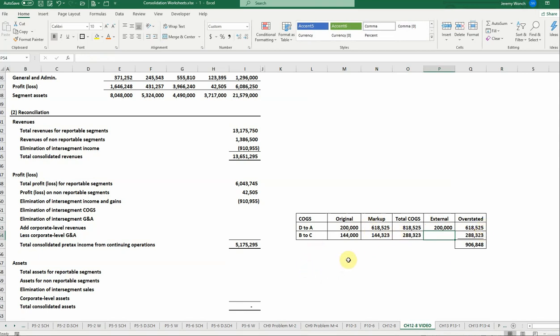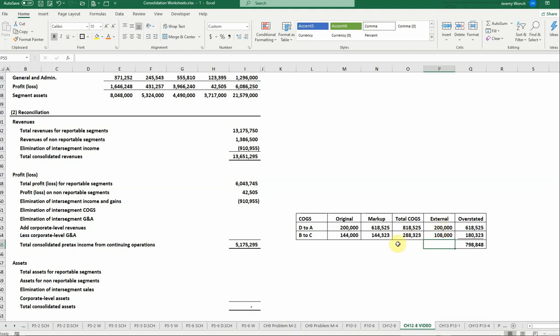Now in the B to C transaction, what was really sold to external parties, we had an original basis on it of 144. However, we only sold 75% of it, which means the real external sales was only 108,000.